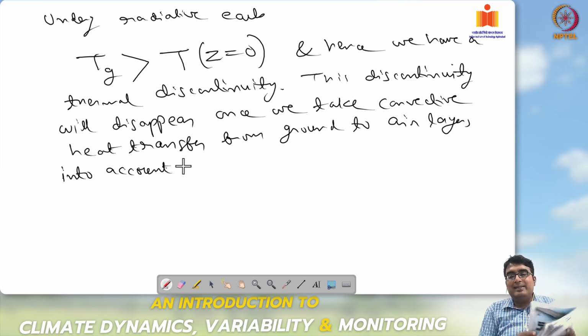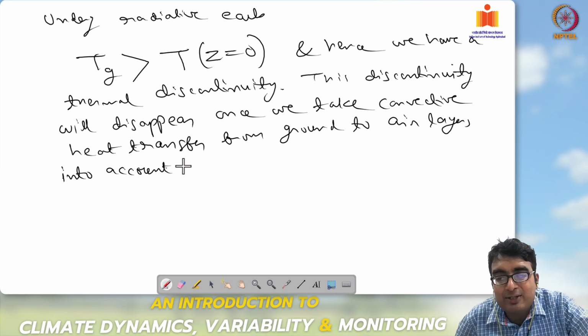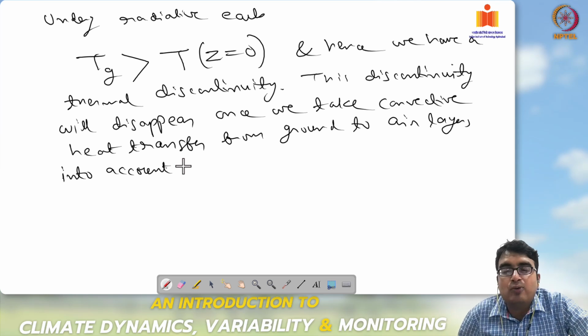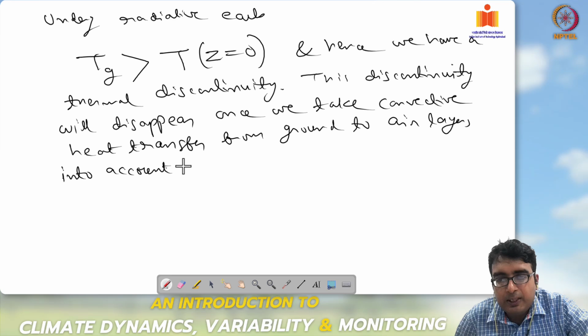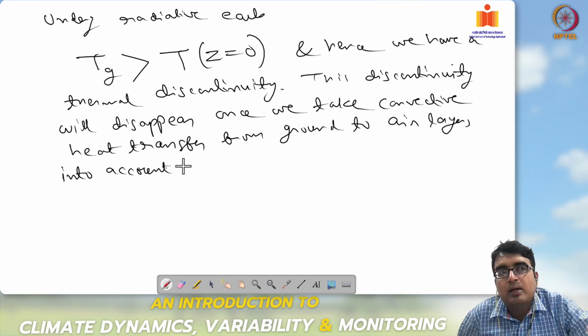So this gives us a simplified, but interesting view of how to identify the temperature of air layers above the ground. Here we have taken just radiative equilibrium. Okay.